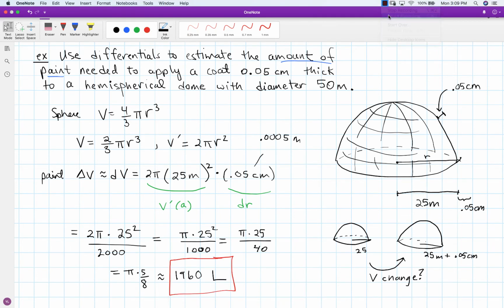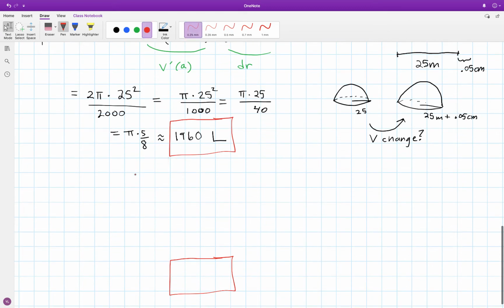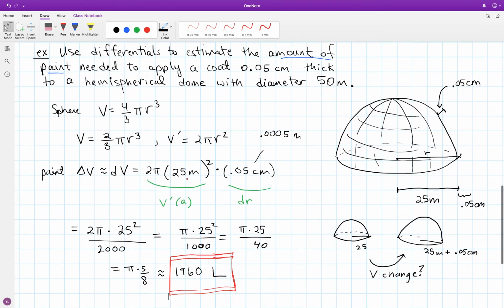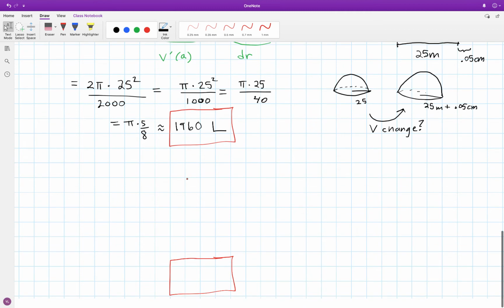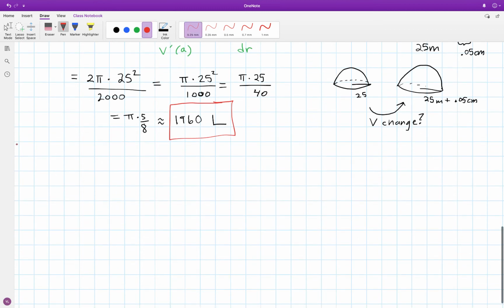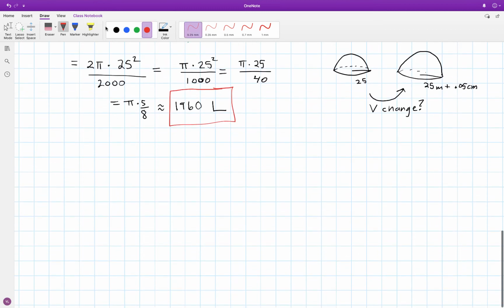All right, so I just want to summarize the estimation techniques that are presented in this section.